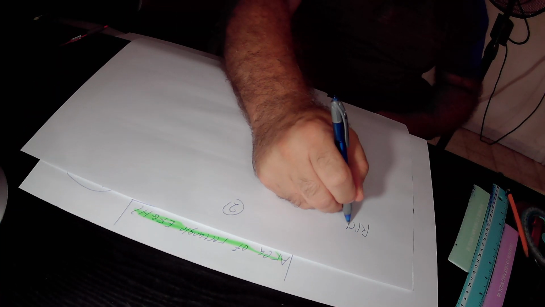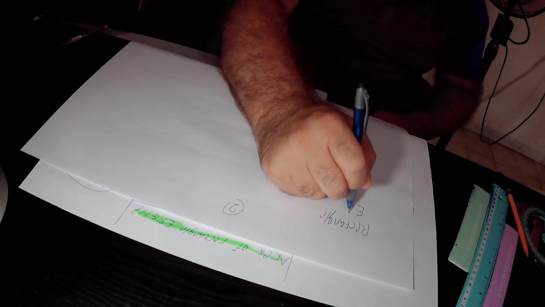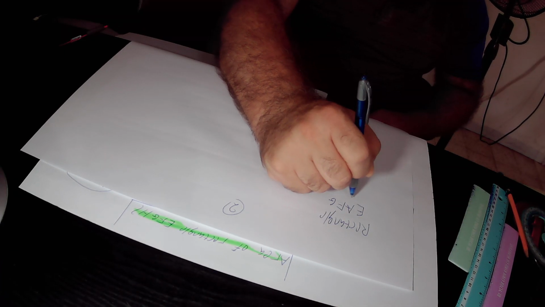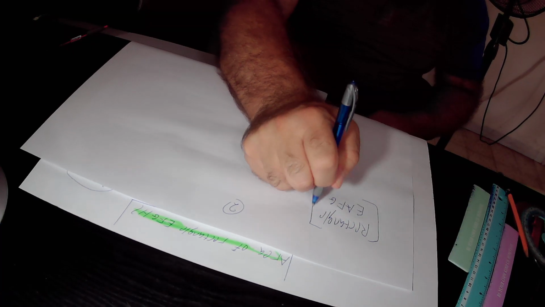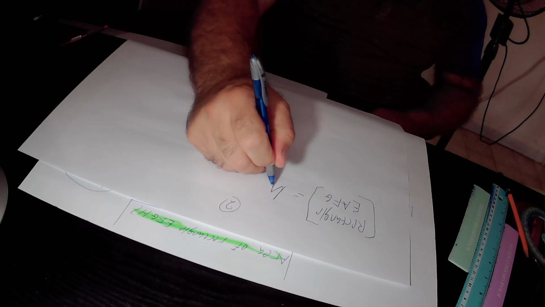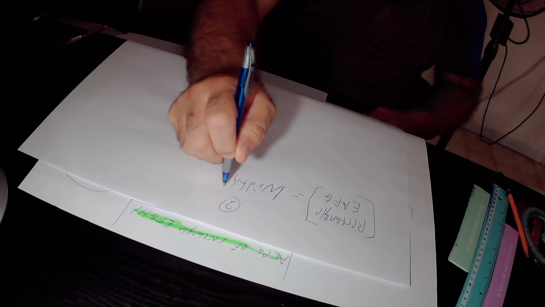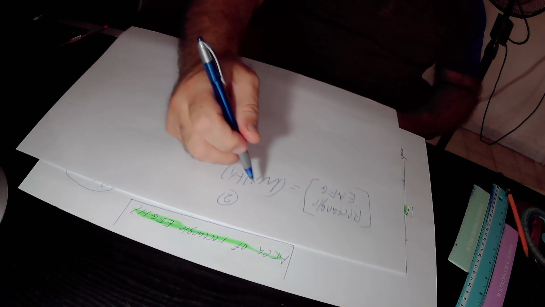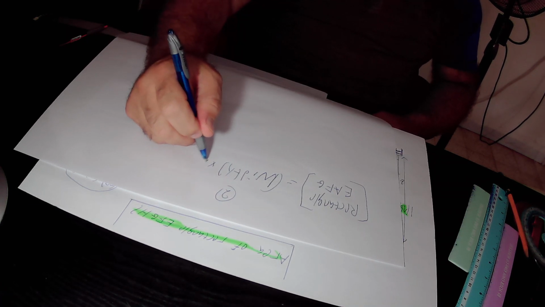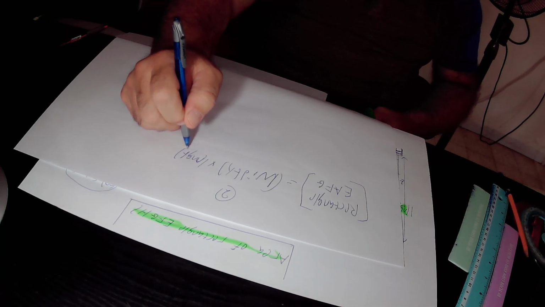So repeat again, the area of the big rectangle EAFG equals the width times the length.